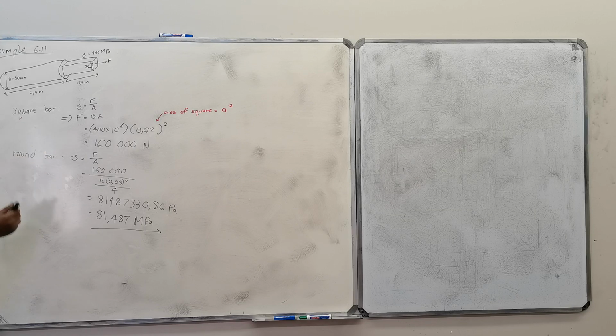Now they want to know the total extension of the bar if Young's modulus of elasticity is 100 GPa. So Young's modulus is equal to 100 times 10 to the 9 pascals. Now they want to know the total extension.